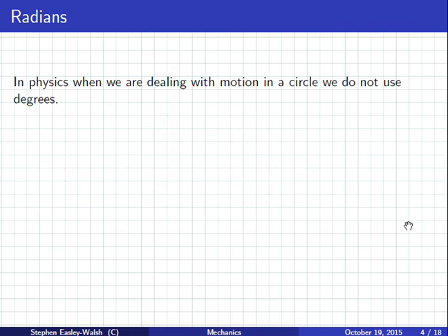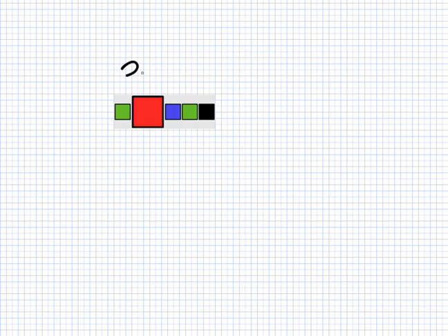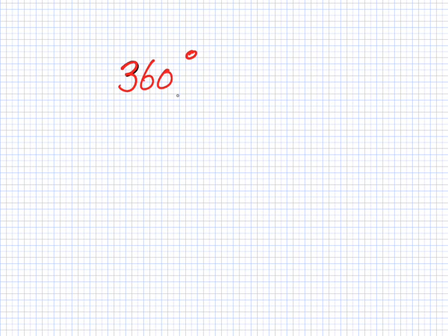So in physics, when we're dealing with motion in a circle, we don't use degrees. We use a new unit known as the radian. Previously in maths class, you would be using degrees, and even in physics we use degrees.